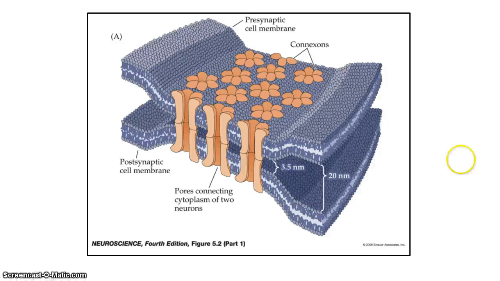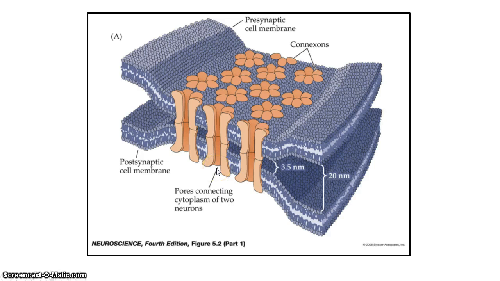You can see in this diagram, this is the membrane of the presynaptic neuron and this is the membrane of the postsynaptic neuron, and these two membranes are connected through this gap junction, right? You can see there are six connexons. This gap junction is made up of six connexons, so the molecules or ions can easily pass.